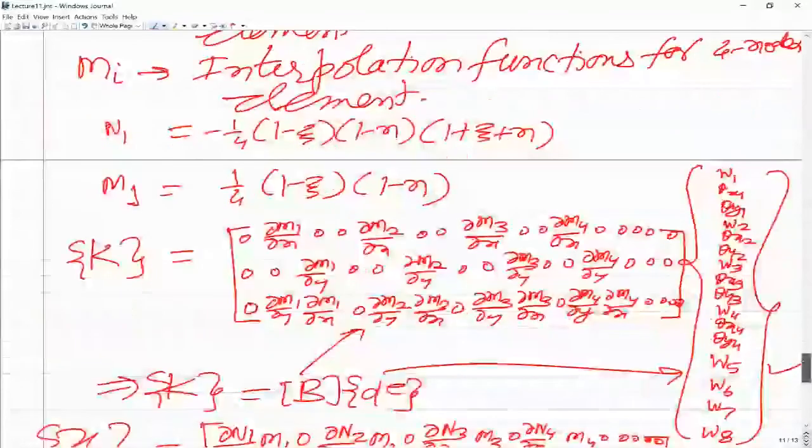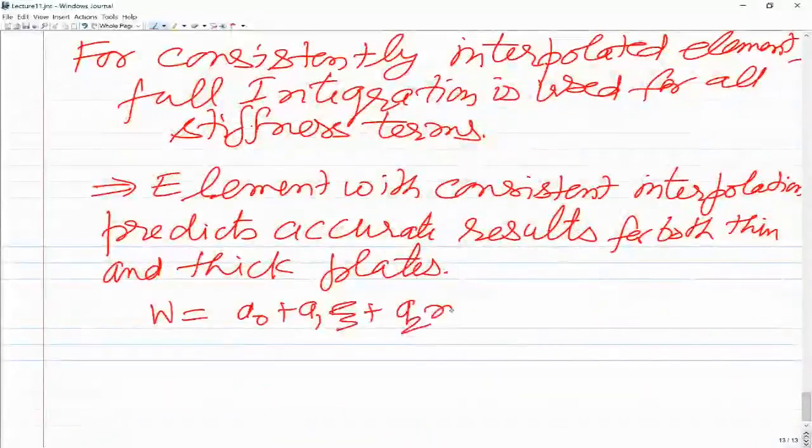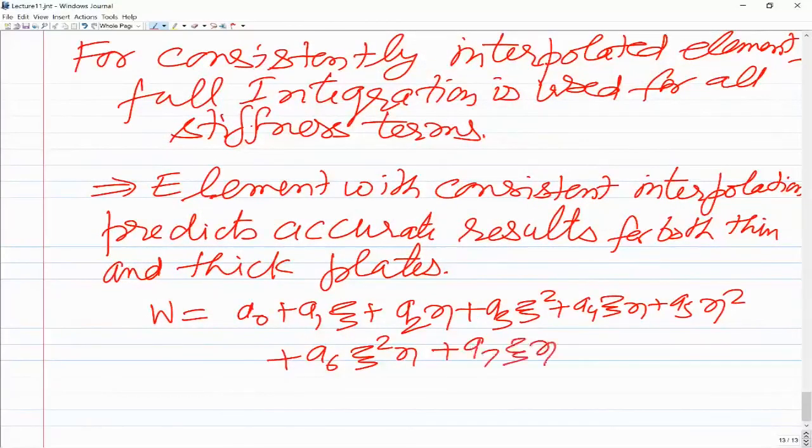So essentially, in this case we want to take w as a0 plus a1 xi plus a2 eta plus a3 xi square plus a4 xi eta plus a5 eta square plus a6 xi square eta and a7 xi eta square. So now for w we have 8 constants, and these 8 constants are expressed in terms of values of w at all the 8 nodes.